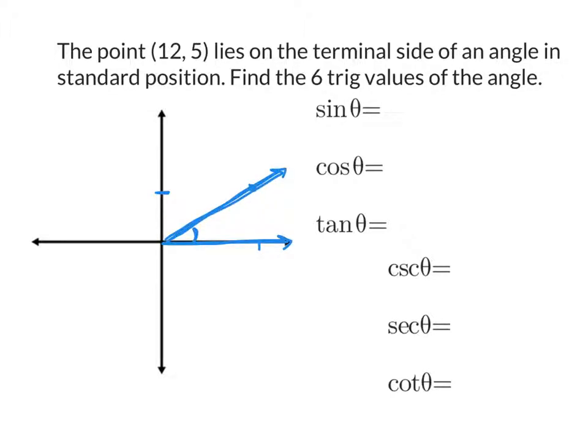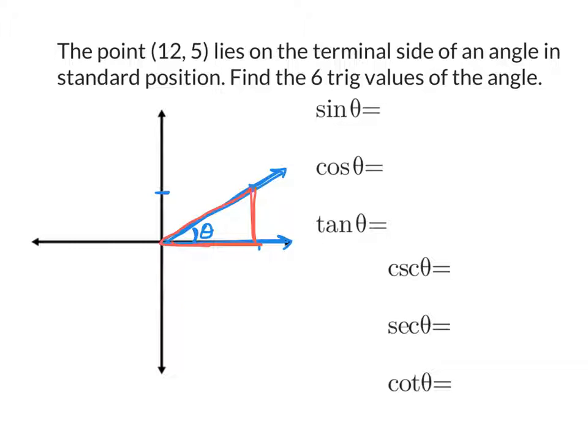And we're looking at this angle, theta. Now the question is, what are the 6 trig values of that angle? The best way to do this, since we have it graphed, is to look at this as a triangle. We'll turn this into a right triangle here.